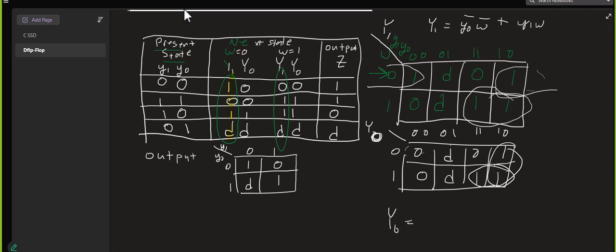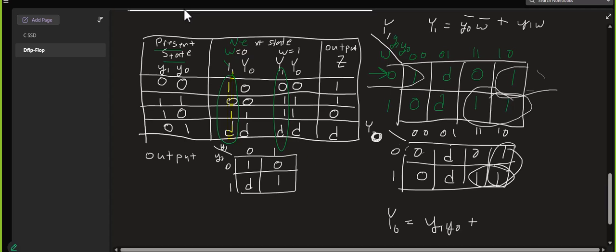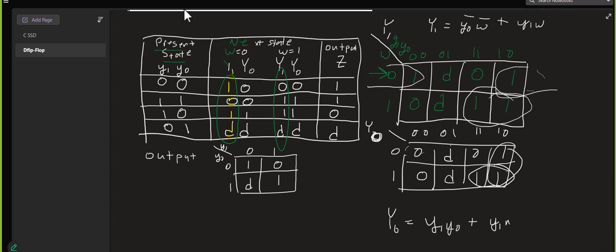Okay, so we get this and this, I think. So that would be Y1, Y0, or Y1, W. And our output is going to be Y1 or Y0.